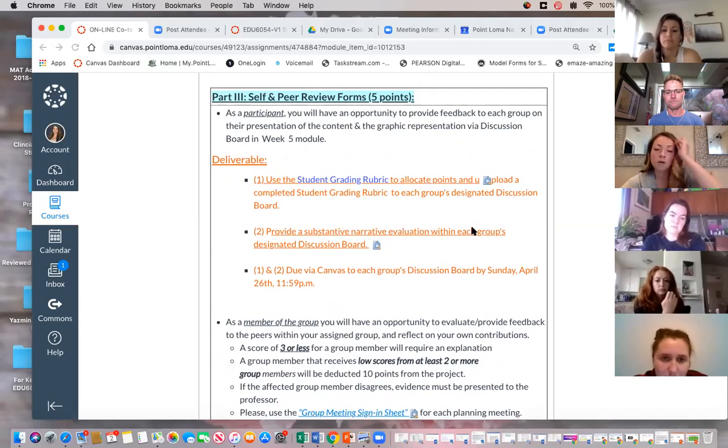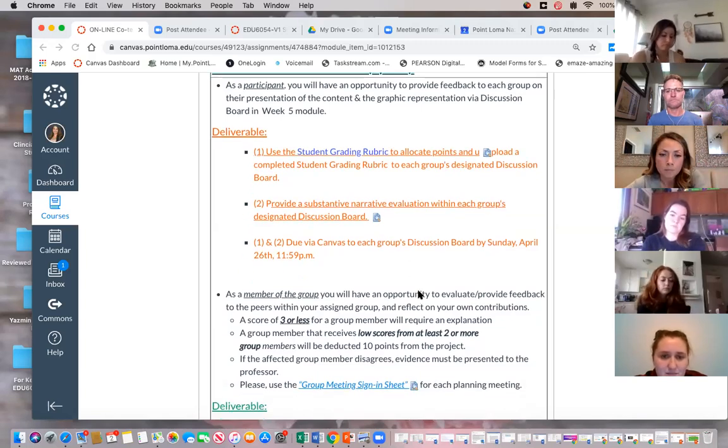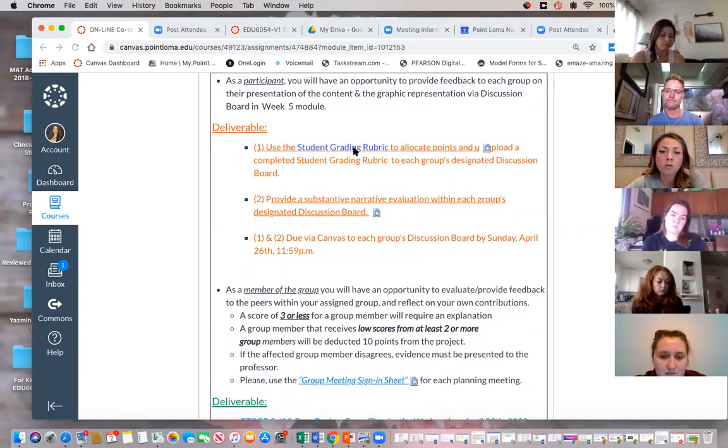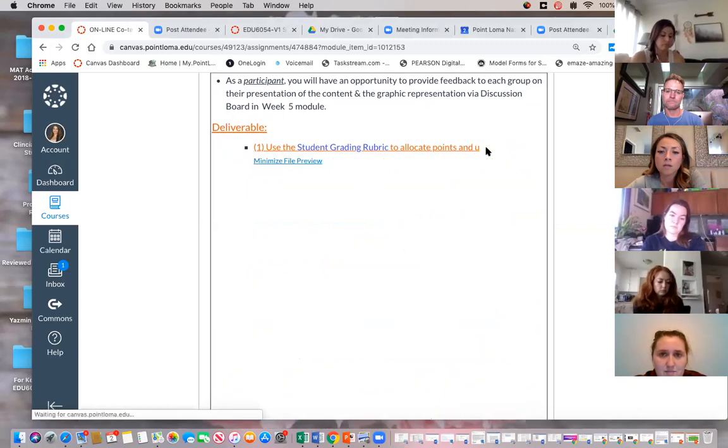So you're going to be providing feedback not just on their teaching, but also on the graphic they developed to synthesize the points of their chapter. We'll make sure that we have that up on the discussion board as well for you all to have access to. And then you will use a student grading rubric, which is linked here, and I'll go ahead and show that to you all really quick.